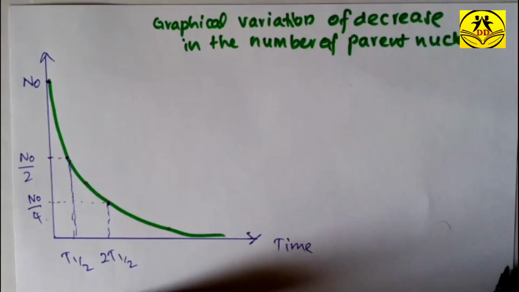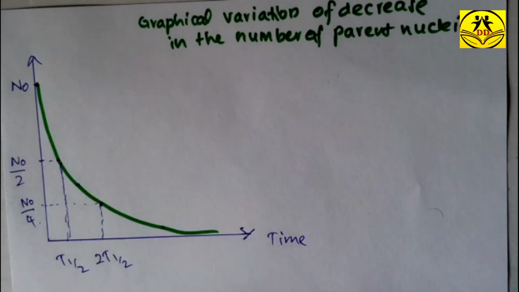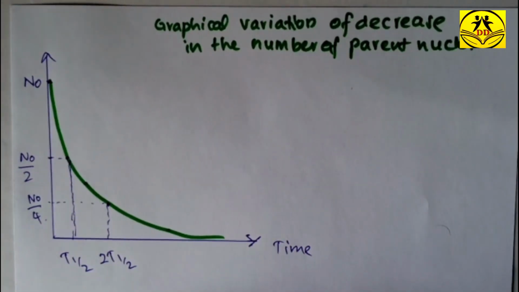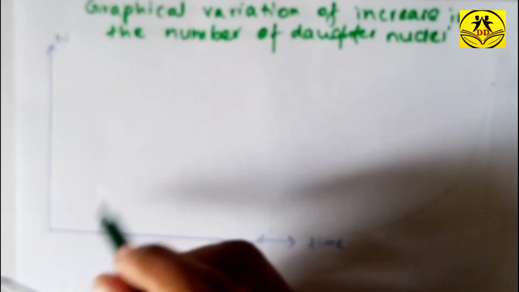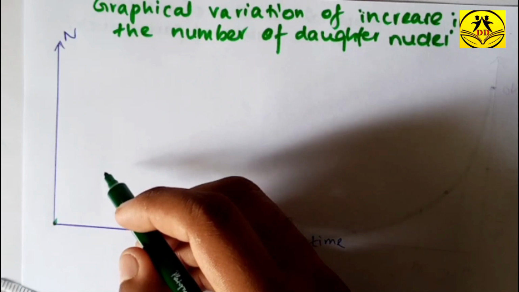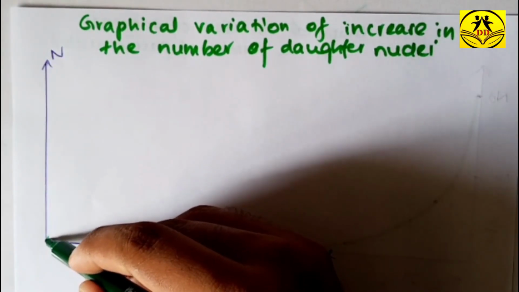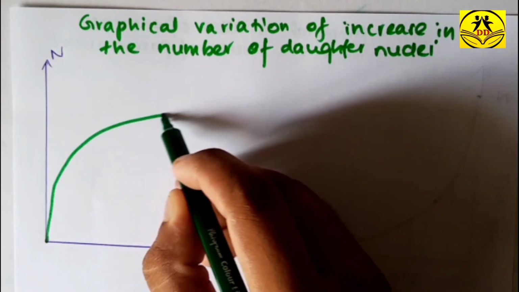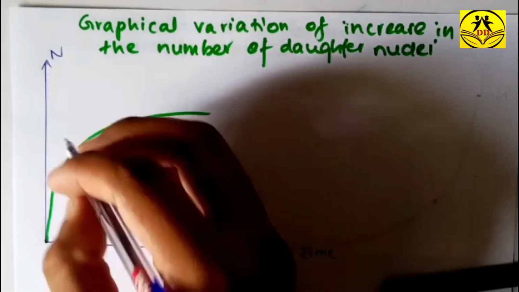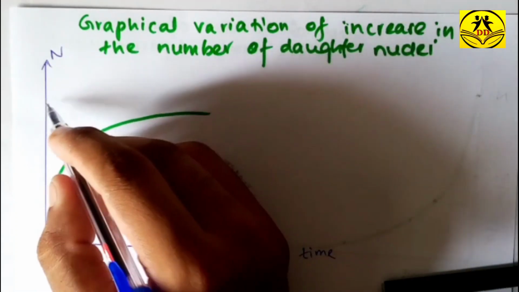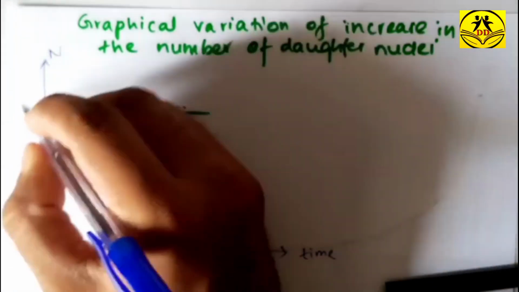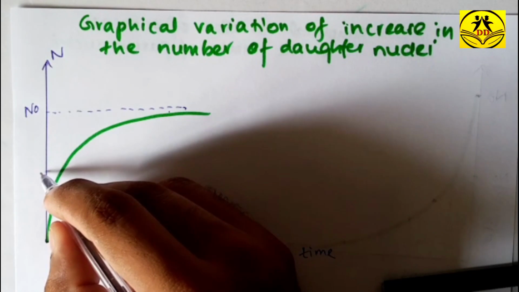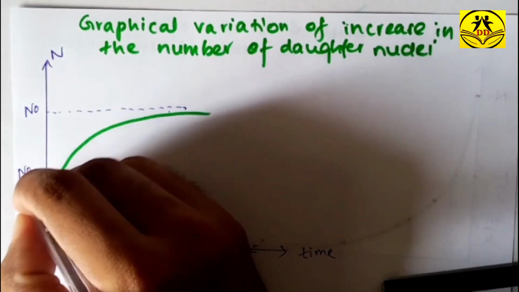Now if you draw the graphical variation of the increase in the number of daughter nuclei, it will be something like this. Initially the daughter nuclei is 0, so it will start from 0, and it will increase exponentially. This will be the N naught value, and this is N naught divided by 2.